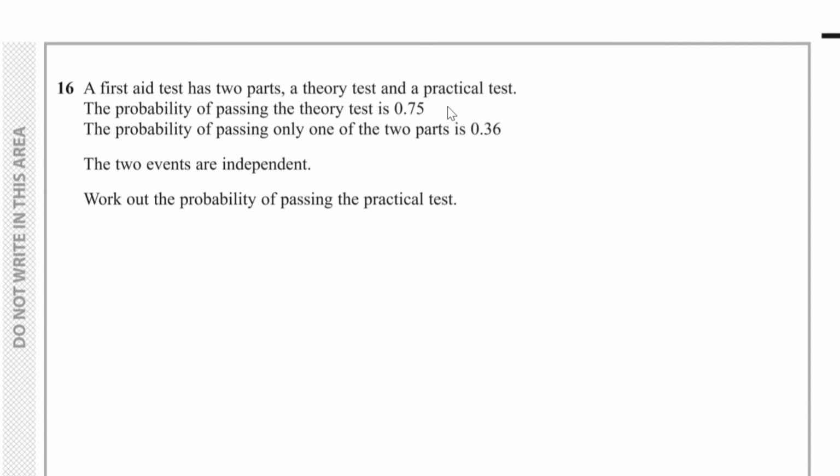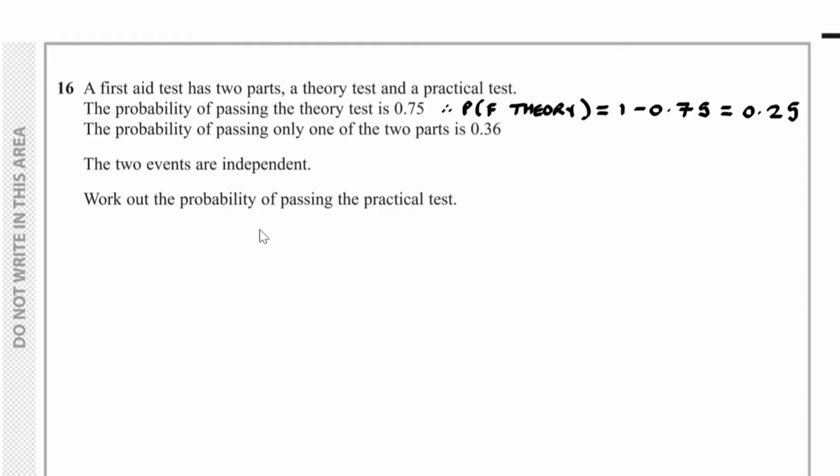Well, from here, we can see the probability of failing the theory test. So this is probability of failing the theory. That's equal to 1 minus 0.75, which is 0.25.